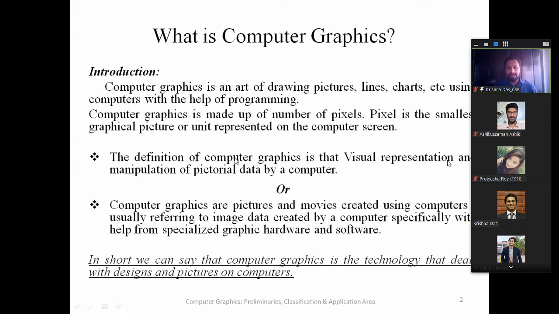Last class someone also said that computer graphics is an art. It is an art of drawing pictures, lines, charts, etc. using a computer. So why do they use the word art here?